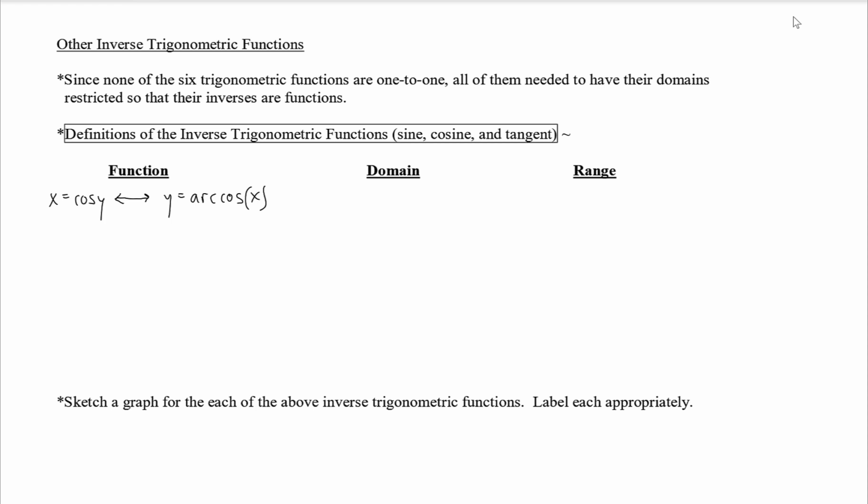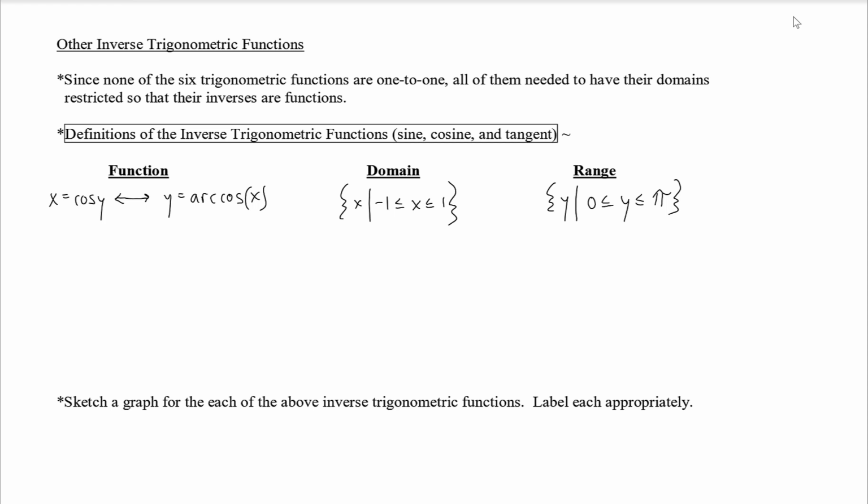So we're going to restrict the domain of regular cosine to be 0 to pi, which means that now becomes the range of inverse cosine. And then the range of regular cosine becomes the domain for inverse cosine. So it's very similar to inverse sine, where the domain is negative 1 to 1, because that was the range of the original trig function. We restricted the domain of the original to get this range right here of 0 to pi for inverse cosine.